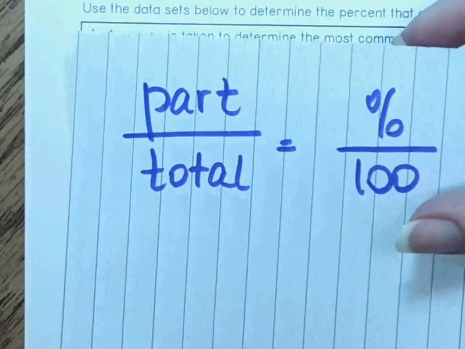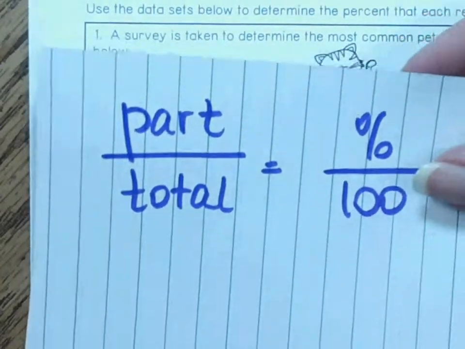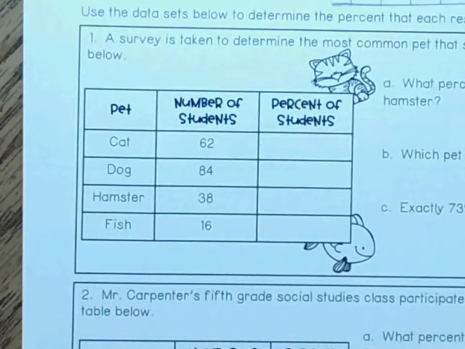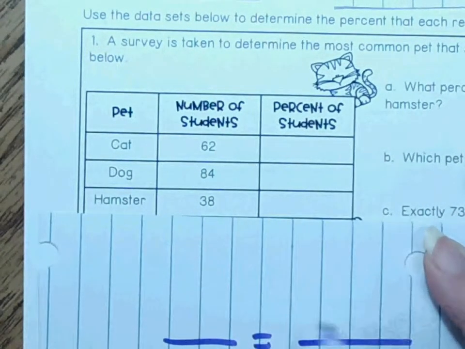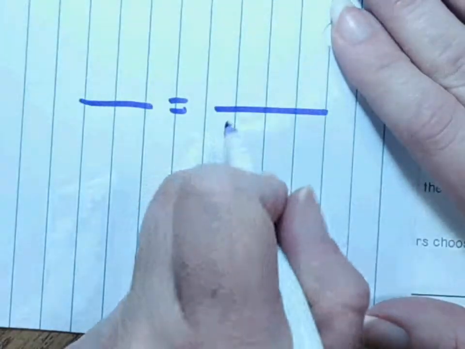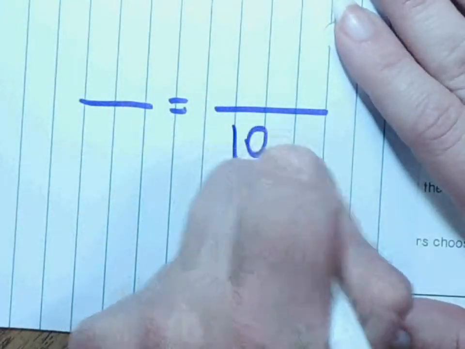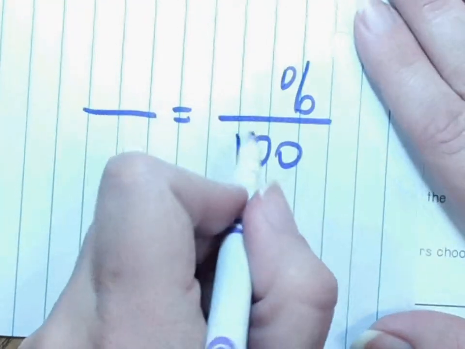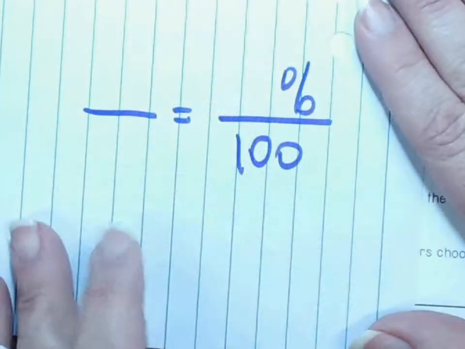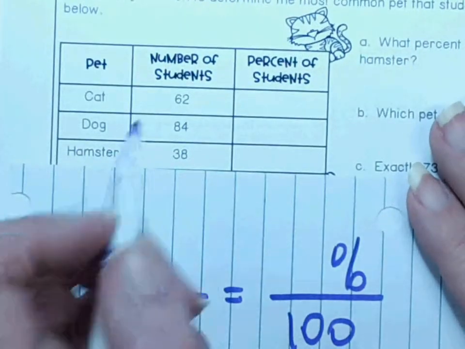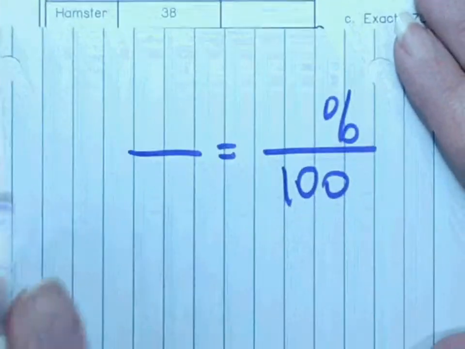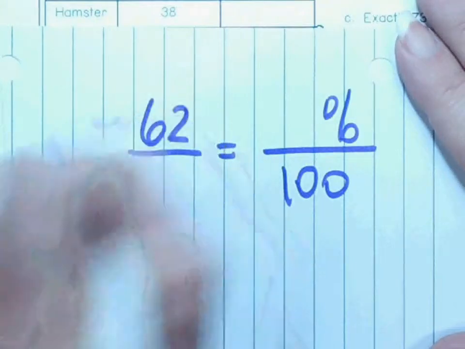So part over total, percent over 100. What always goes right here? 100. And we're looking for the percent. So this is going to be the thing we're looking for here. What part of students had a cat? 62. And then we need to know the total.